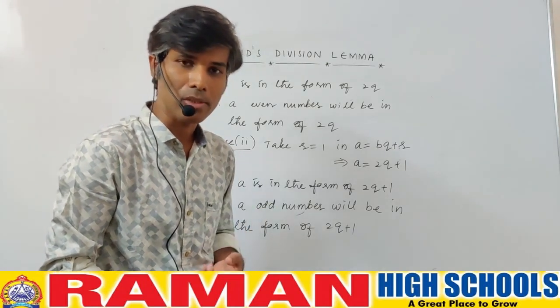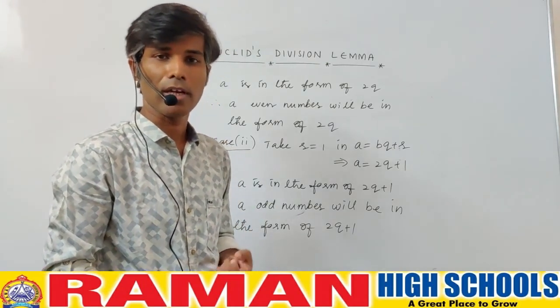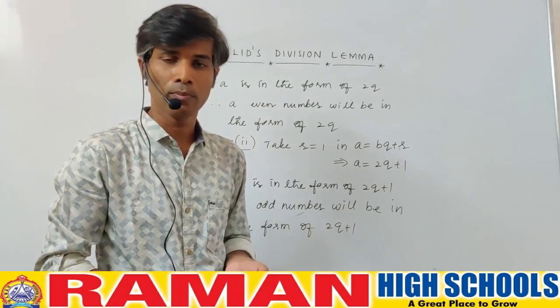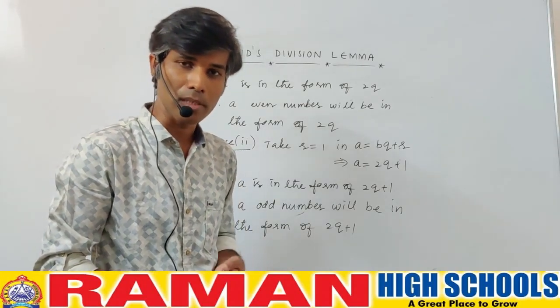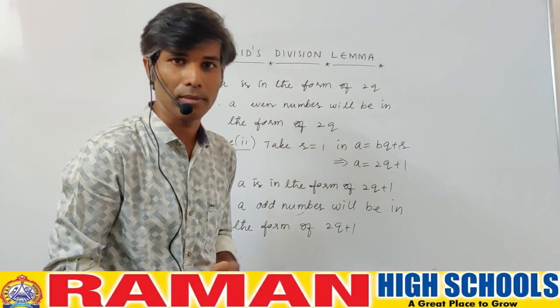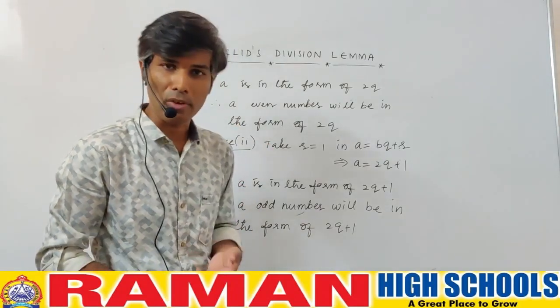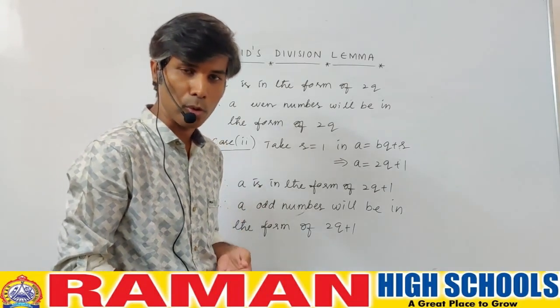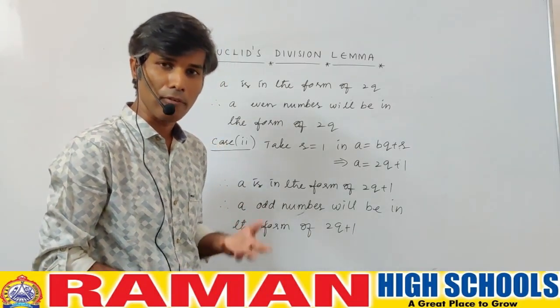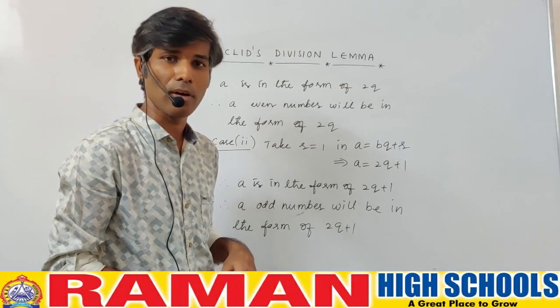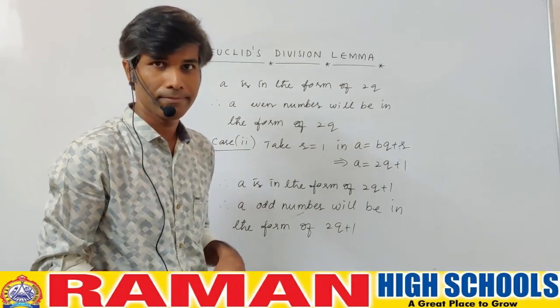Among the positive integers, even numbers will be in the form of 2q and odd numbers will be in the form of 2q plus 1. So this is a proof that every positive even number will be in the form of 2q and every odd positive integer will be in the form of 2q plus 1.